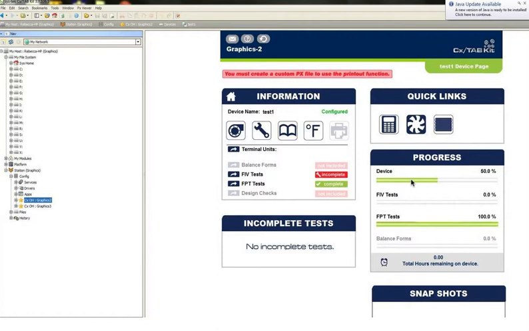Some of the main things that I did was try to make it consistent, obviously. If this symbol here under quick links in the center represents a fan, then it's always going to represent a fan. If the calculator represents calculations, it's always going to represent calculations.